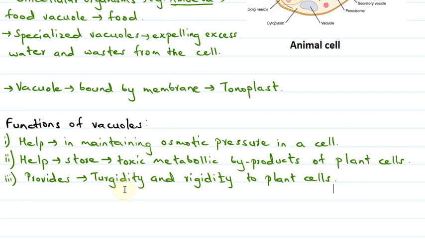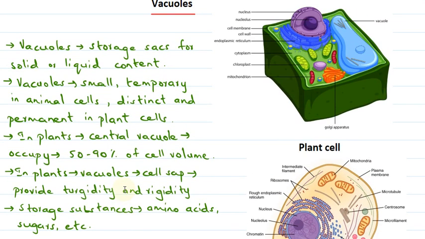Now let's quickly revise the things that we have studied today about vacuoles. Vacuoles are storage sacs for solid or liquid content. They are small sized and temporary in animal cells, whereas they are distinct and permanent in plant cells.